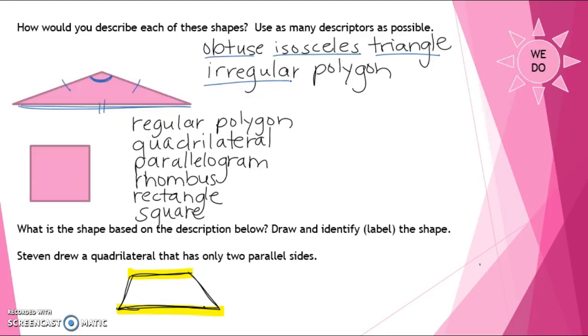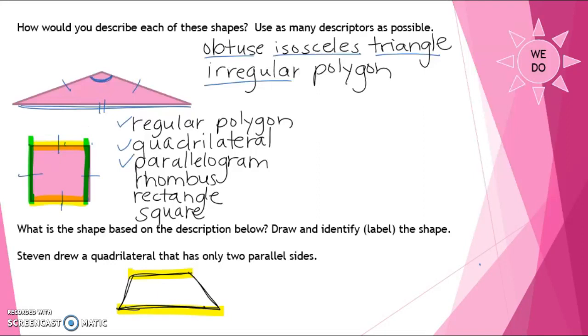The square, oh my gosh, look at this list. It is a regular polygon because it is a closed shape and all of the sides are the same length. It is a quadrilateral because it has 1, 2, 3, 4 sides and 1, 2, 3, 4 vertices. It is a parallelogram because it has opposite sides that are parallel.